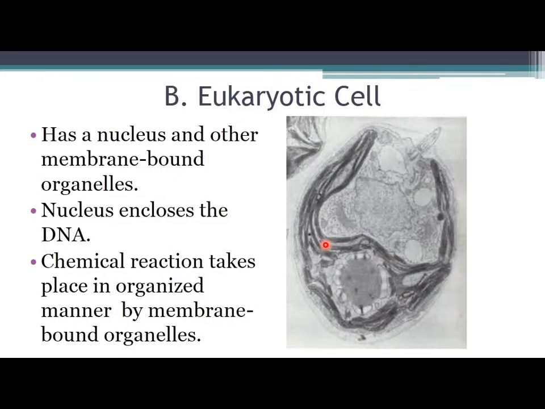Now, let's proceed with the other type of cell, which is the eukaryotic cell, which has a nucleus. It has a nucleus and other membrane-bound organelles, and due to the presence of these membrane-bound organelles, chemical reactions take place in an organized manner.